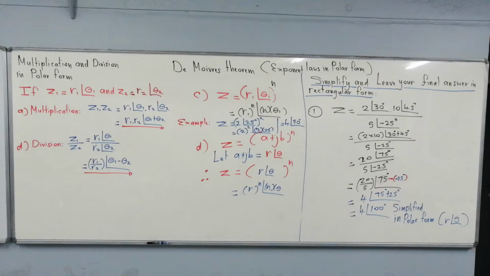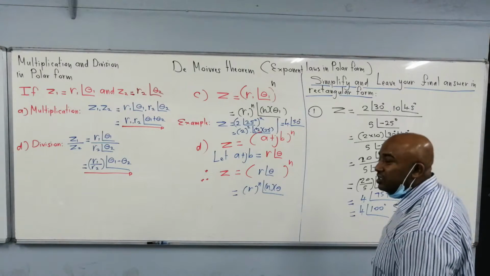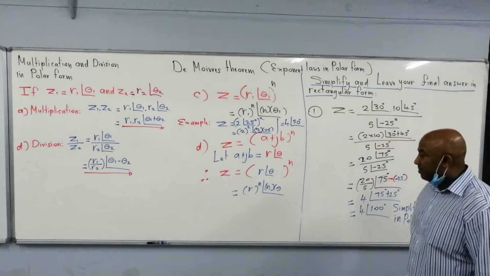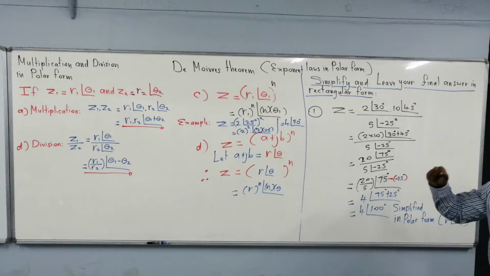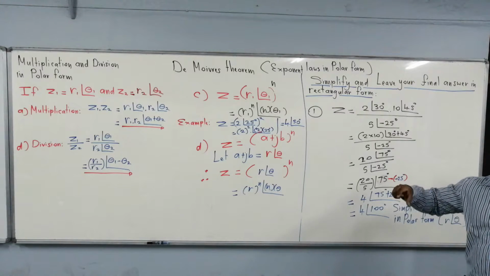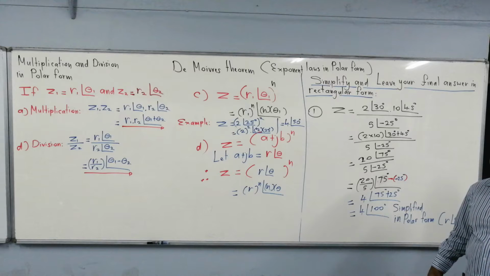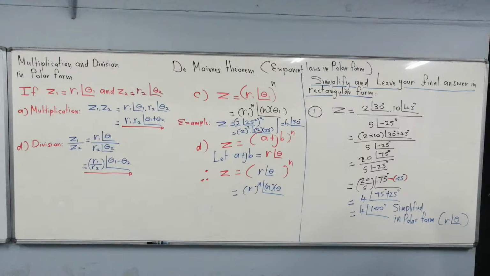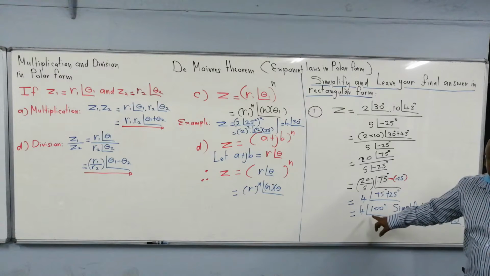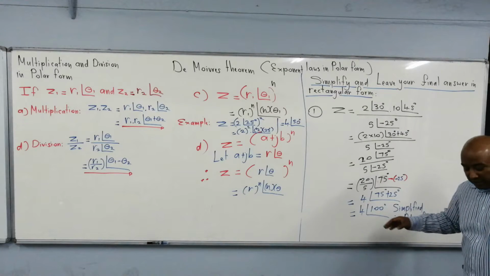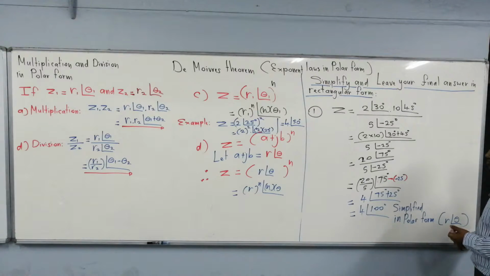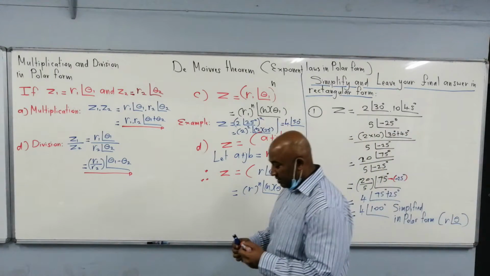But now, read the instruction in the exam. Most of the time, when they ask you to simplify something in polar form, they'll say leave your final answer in rectangular form. So now, remember converting from polar form to rectangular form. Let me just refresh your memory there.